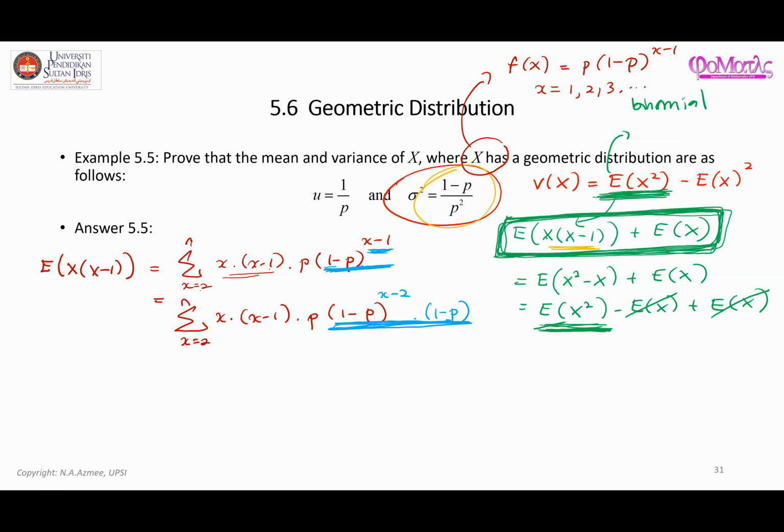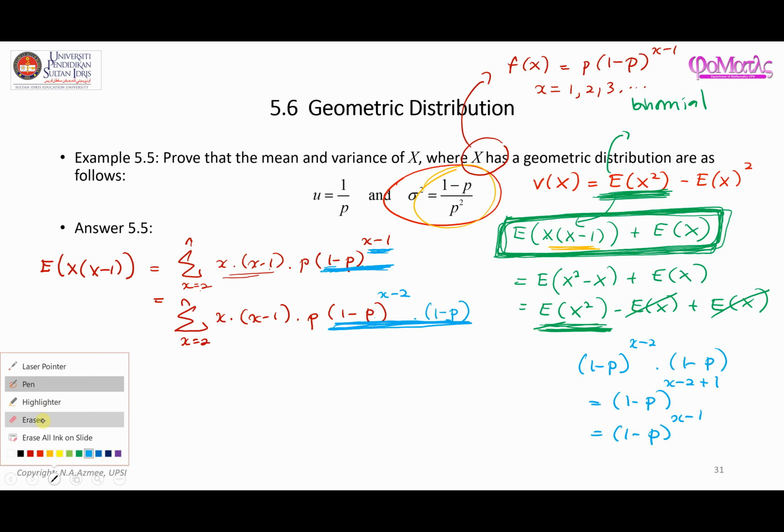Okay, by the law of exponents, we know that 1 minus p to the x minus 2 times 1 minus p, we can combine this process to equal 1 minus p to the x minus 2 plus 1. So that becomes 1 minus p to the x minus 1, which is what's given by the original expression. Okay, so that's what I just did.